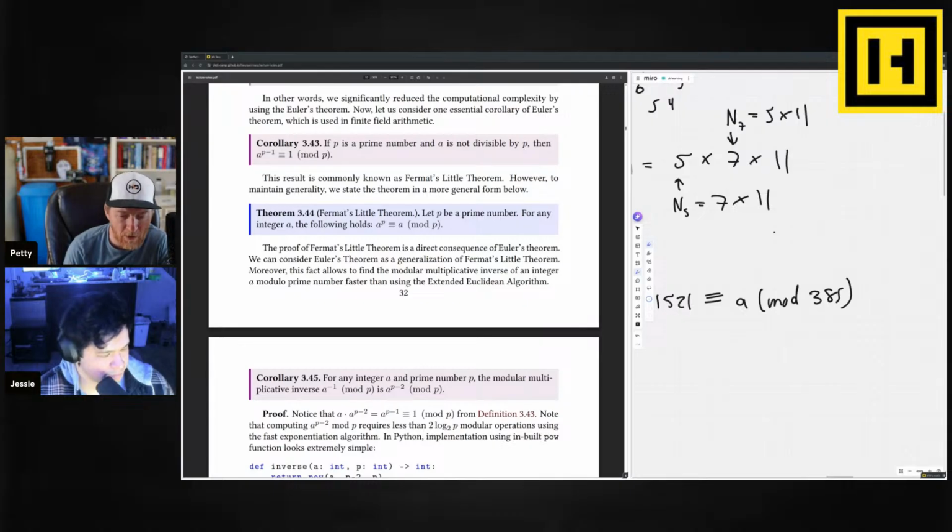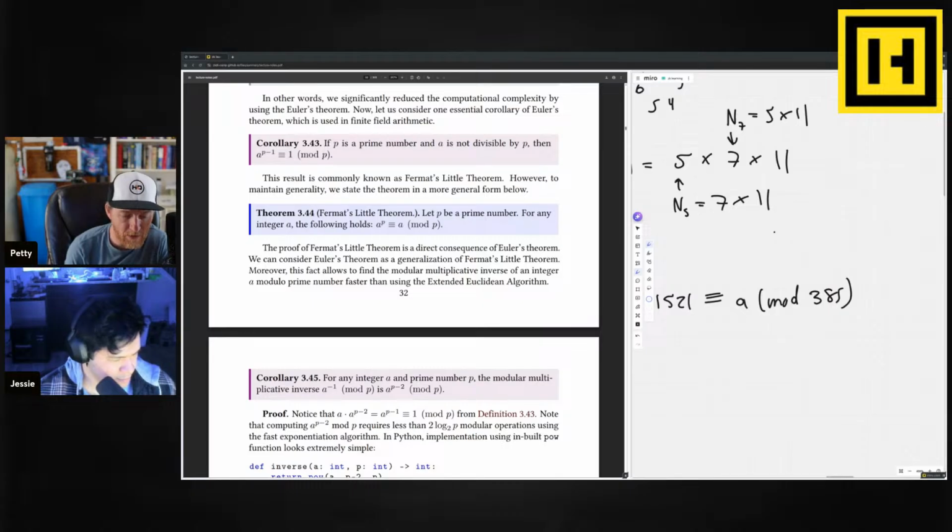This result is commonly known as Fermat's little theorem. However, to maintain generality, we state the theorem in a more general form below. Let P be a prime number. For any integer A, the following holds: A to the P is congruent to A mod P. The proof of Fermat's little theorem is a direct consequence of Euler's theorem. We can consider Euler's theorem as a generalization of Fermat's little theorem.